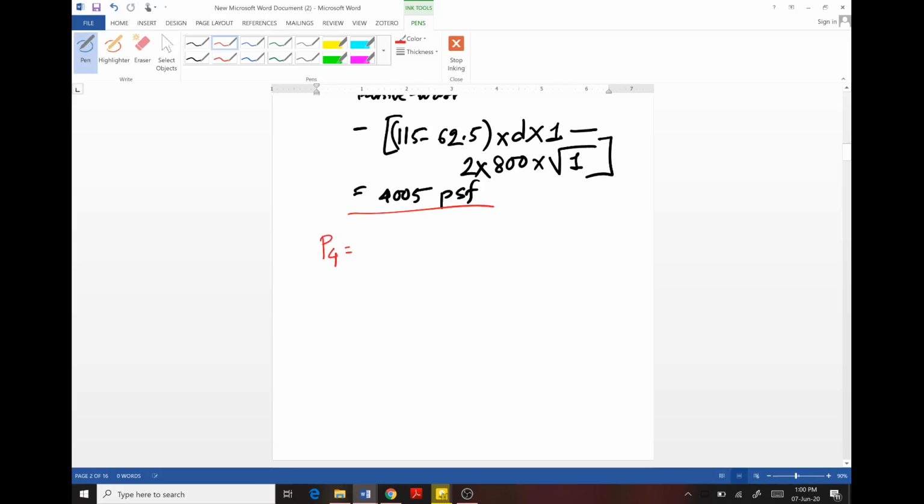For simplification and convenience, I would like to write down the equation of P4, which we have used for determining the value of earth pressure at the base of the cantilever sheet pile.